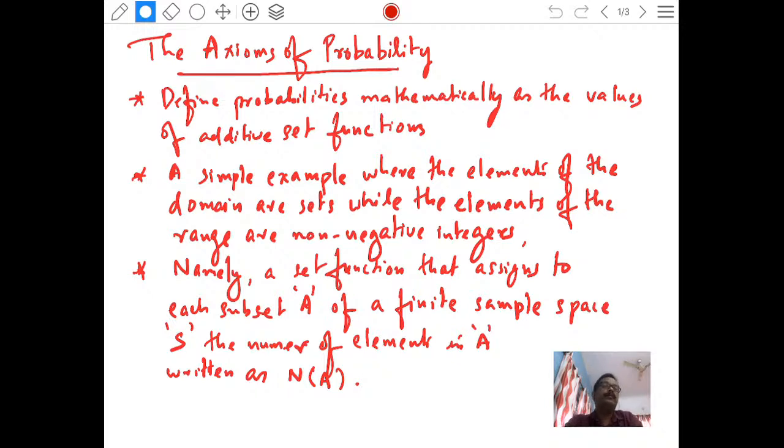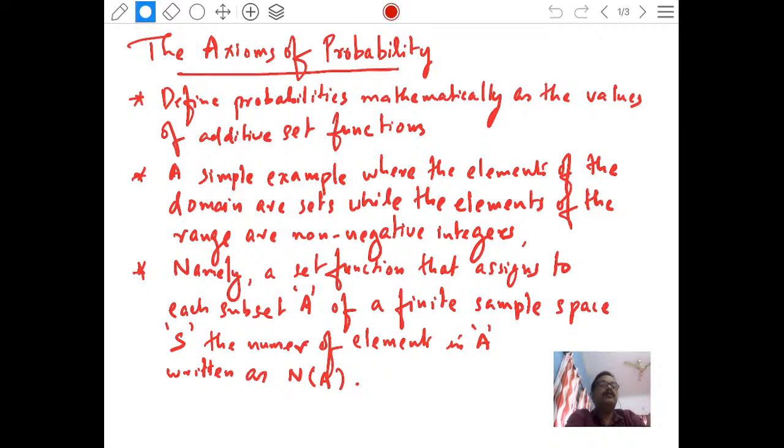The classical probability concept was straightforward and usually based on clear-cut formulas, but here we have probability which can be shown as values of additive set functions.